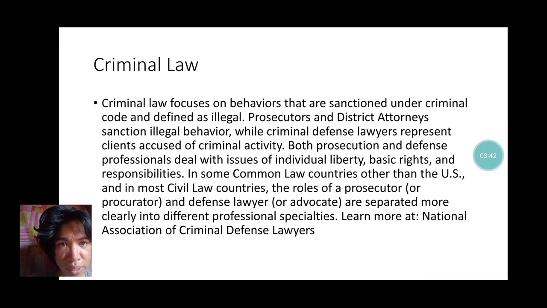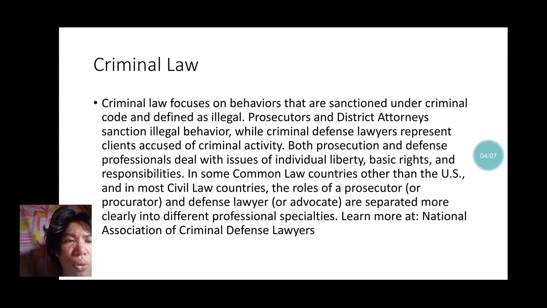So, criminal law focuses on behaviors that are sanctioned under criminal code and defined as illegal. Prosecutors and district attorneys sanction illegal behavior, while criminal defense lawyers represent clients accused of criminal activity. Both prosecution and defense professionals deal with the issues of individual liberty, basic rights, and responsibilities.